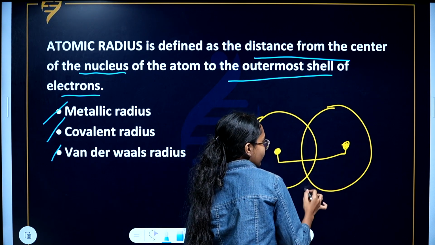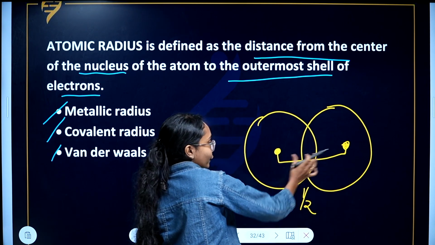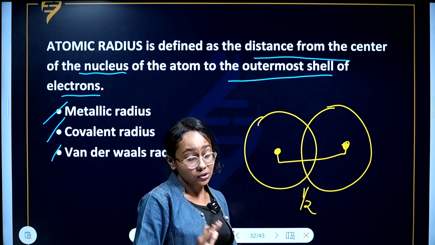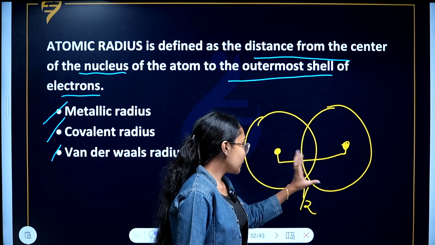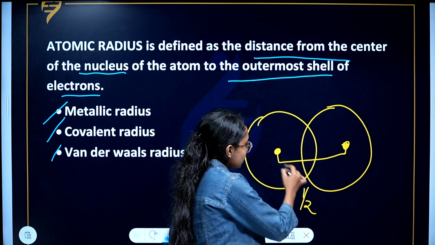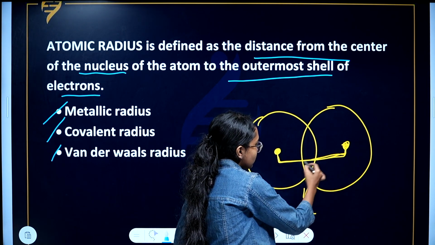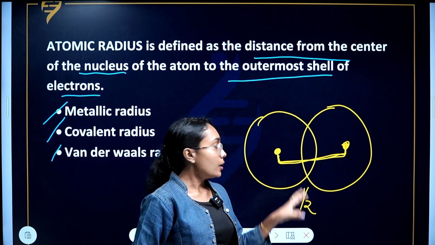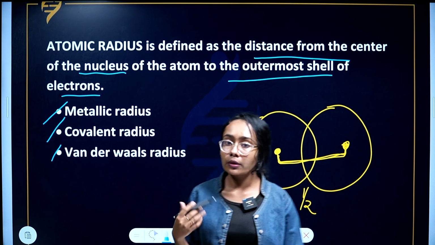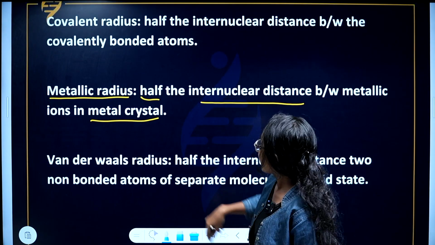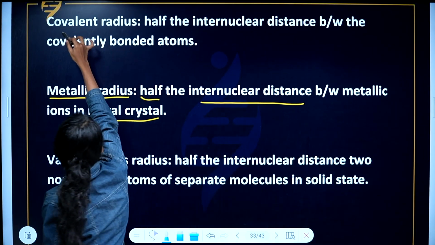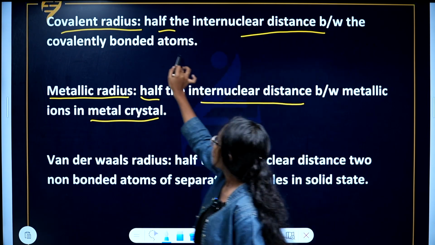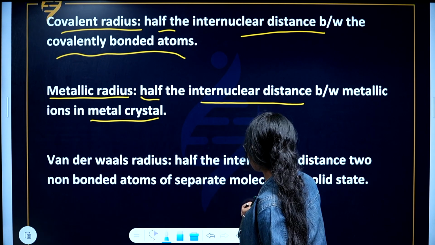The internuclear distance, the distance between the two nuclei, is denoted by this. Taking half of the internuclear distance of two covalently bonded atoms will give you the covalent radius. Covalent radius is just half of the internuclear distance between two covalently bonded atoms.